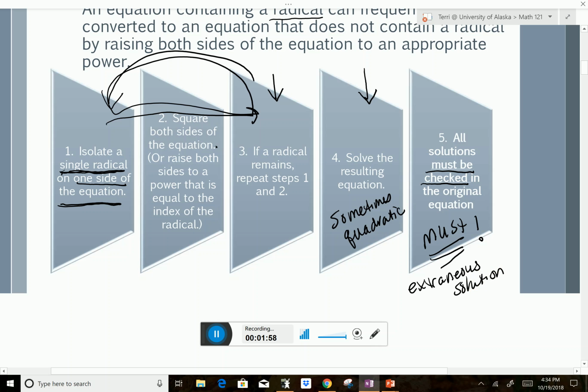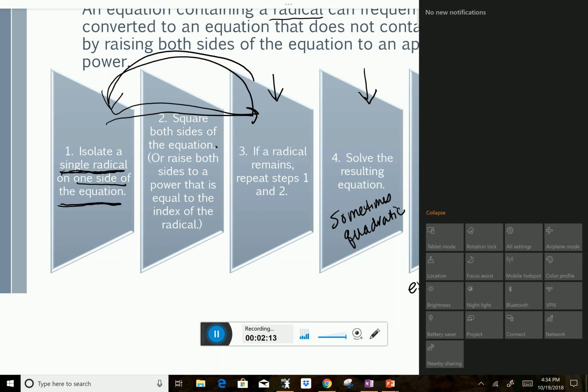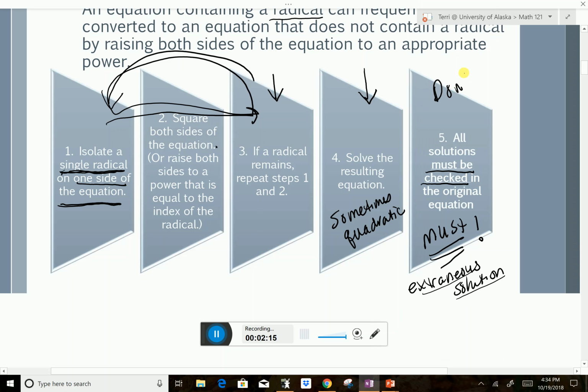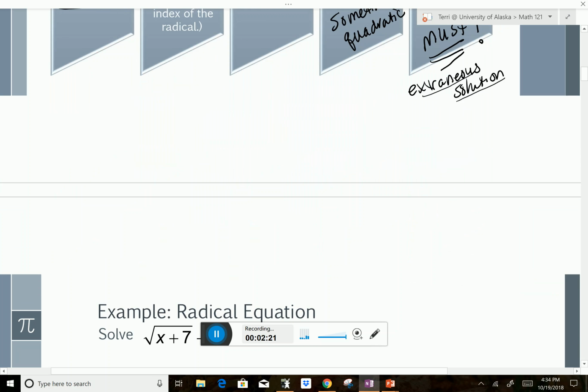Because you're squaring something, it could have actually been a negative square root. And then when you squared it, it just doesn't work. So you must actually do the check part. So do not skip this step. There's supposed to be an exclamation point, but it wasn't.